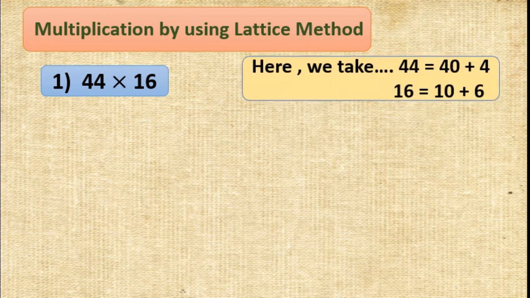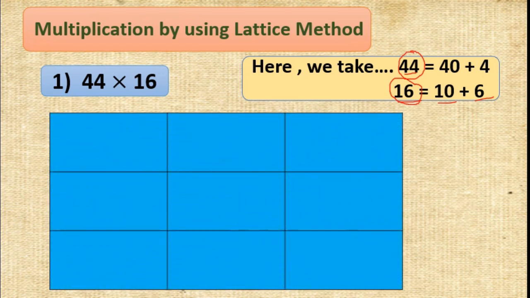See here, we take 44 as 40 plus 4. Same, 16 as 10 plus 6. Okay. Both numbers 44 and 16 we have written in the expanded form. Correct? Now that we will use in the lattice method. See again a table. Here more columns are there and more rows are there because this is 2-digit by 2-digit.